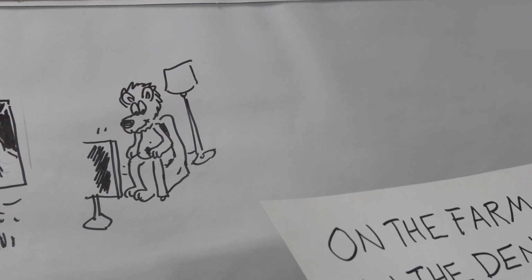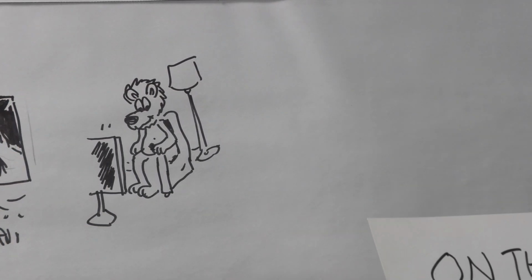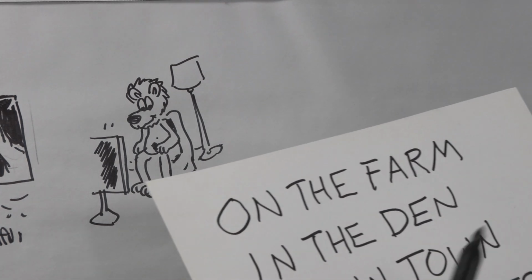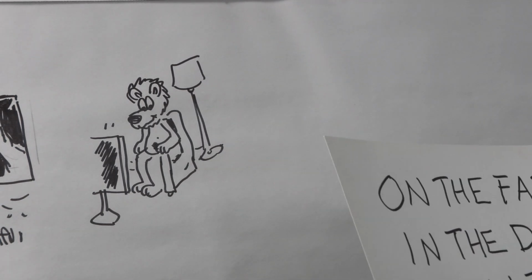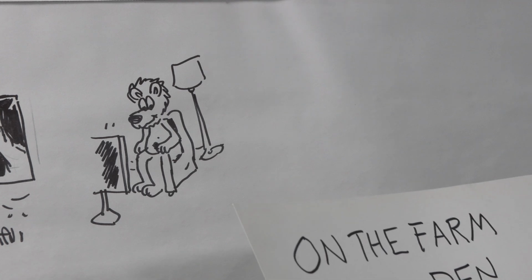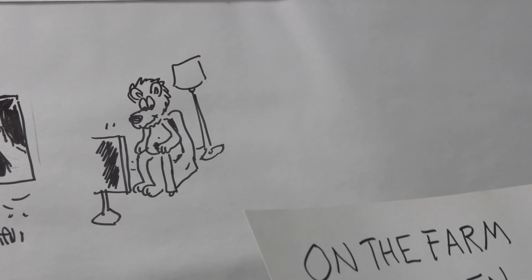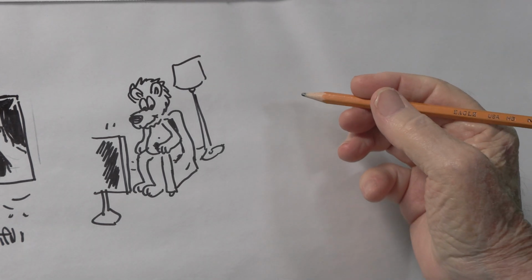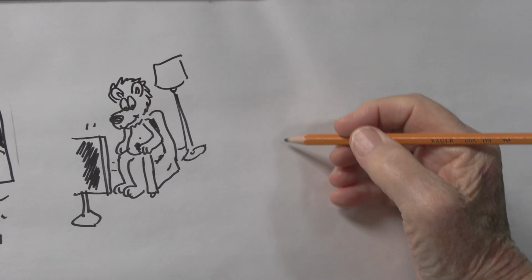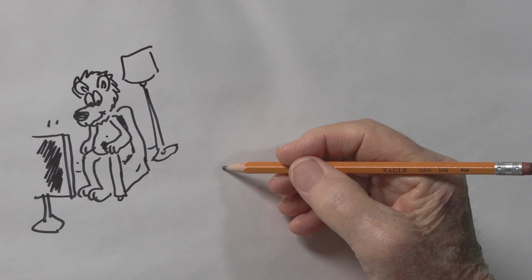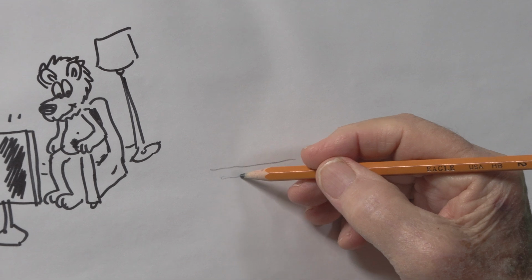Now the third one involves not jungle critters or farm critters, but just a couple of guys downtown. And it's another one of those where it's important for me to use a pencil to sort of set things in the right perspective.